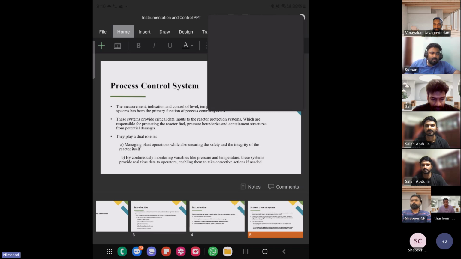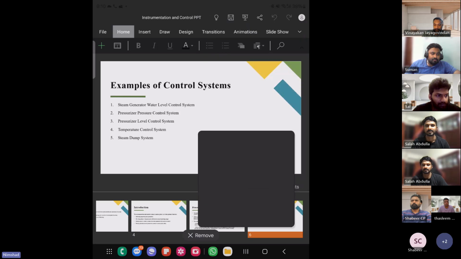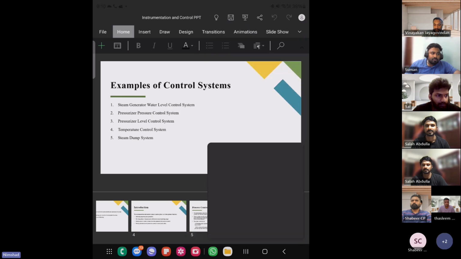According to that, the operator can adjust the valve and take corrective actions. So I'll give a few examples of control systems.